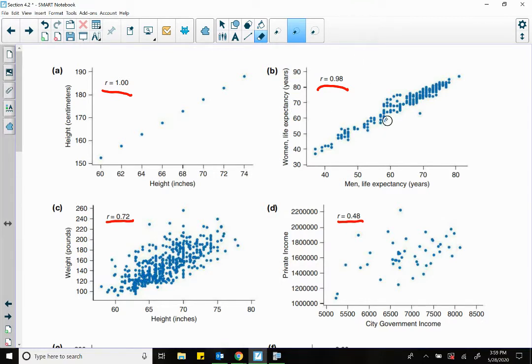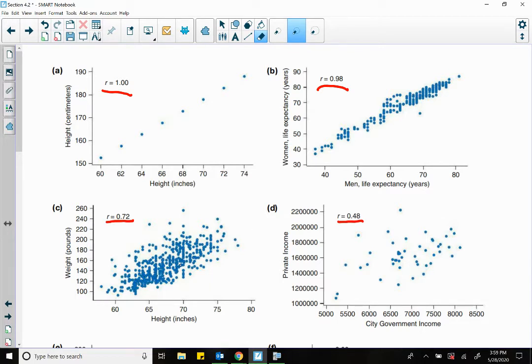So the bigger that vertical separation, the lower the R value. That's what we were talking about in 4.1, this vertical separation. See how there's lots of vertical scatter there? That's made my association just a little bit weaker.